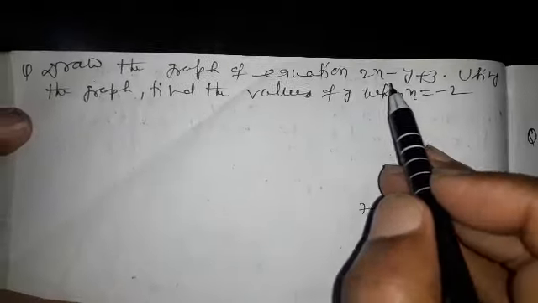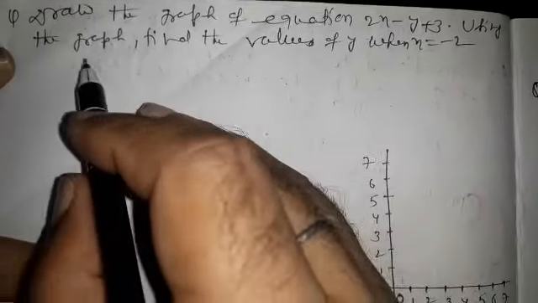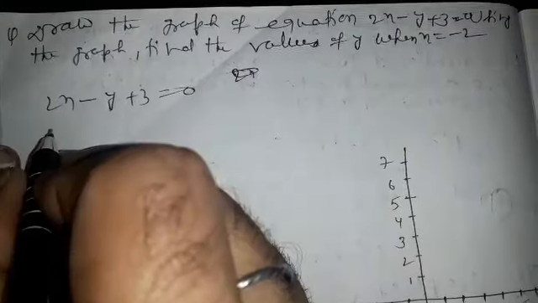Draw the graph of the equation 2x - y + 3 = 0. Using the graph, find the value of y when x = -2. So 2x - y + 3 = 0.